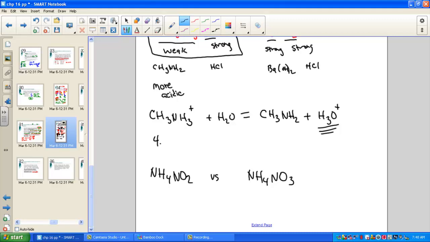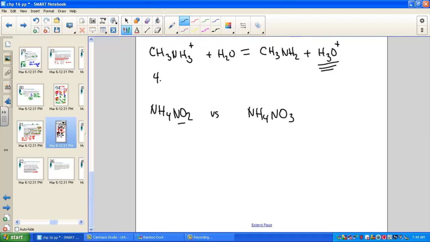Here's the polyatomic nitrate, here's the polyatomic nitrite. They have the same first name, my mistake. We know that ammonium is a parent from a weak base. So yes, it will undergo hydrolysis, making the solution more acidic.